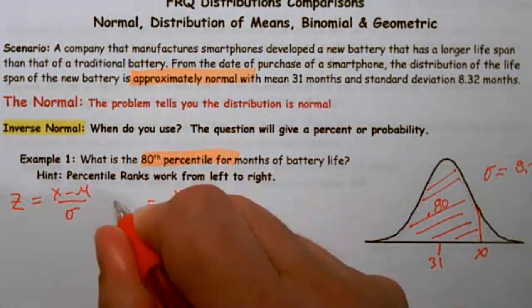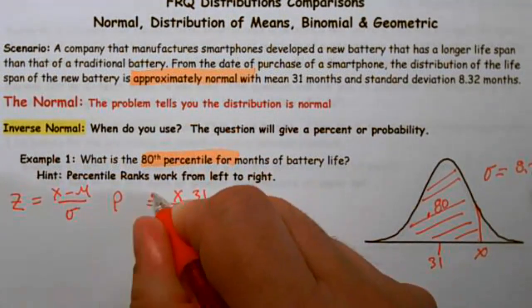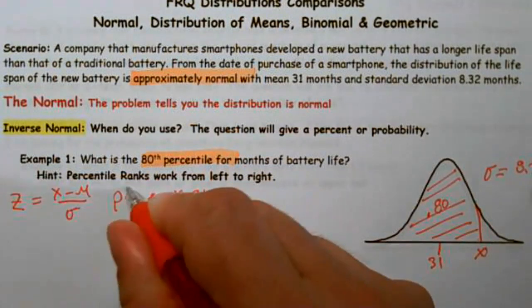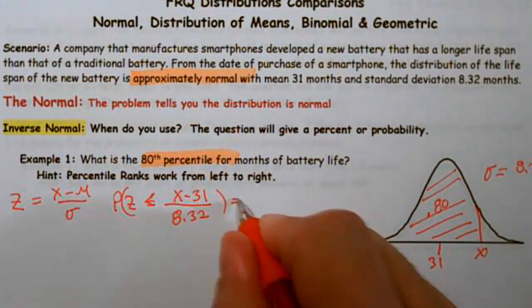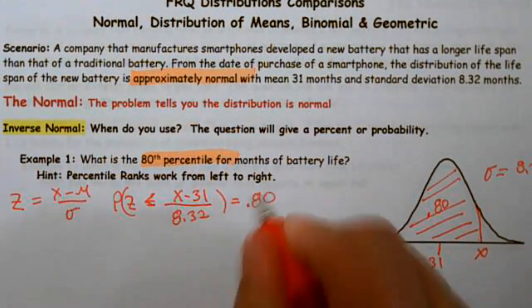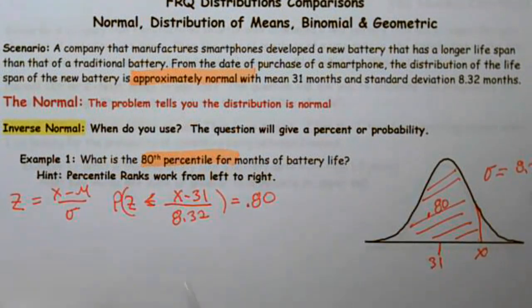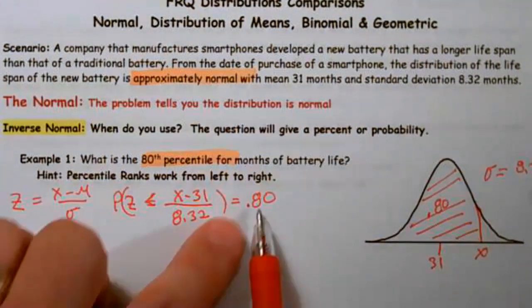So I'm looking for the probability that Z is less than X minus 31 over 8.32, and I know that that probability equals 0.80. So I have a completed probability statement.